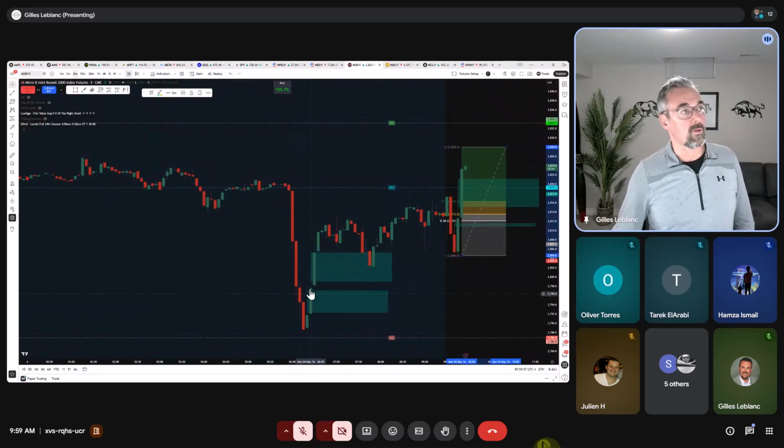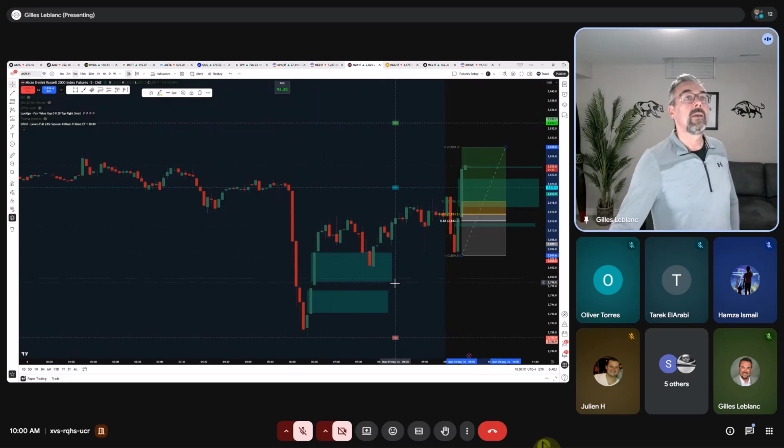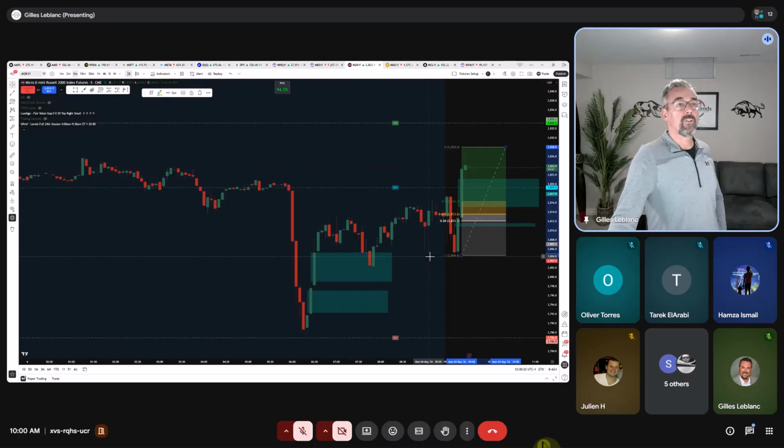So then the market started reversing. And that's what has been incredibly difficult to trade lately, during a conflict like that, it's so heavily dependent on information, and it's hard to tell what information is true and not.